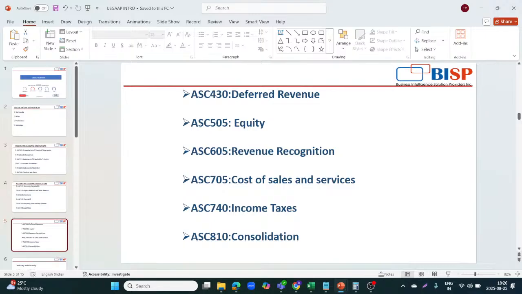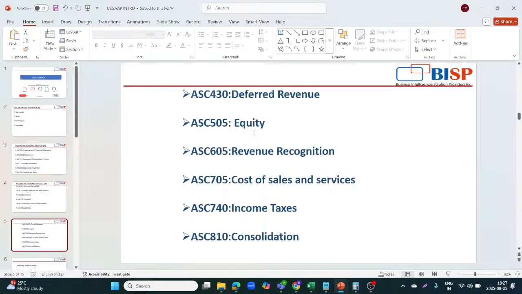Then the next accounting standard codification is 505, which stands for equity. This provides guidance on stock dividends, stock splits, treasury stock, spin-offs and reverse spin-offs, and also equity-based payments to non-employees.